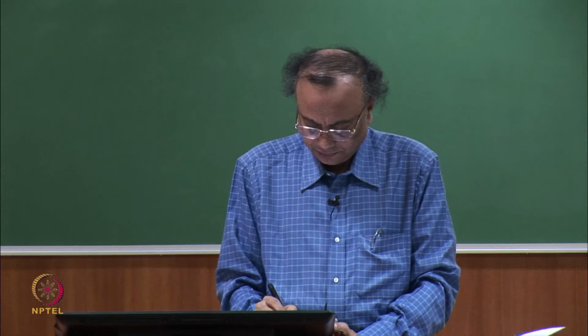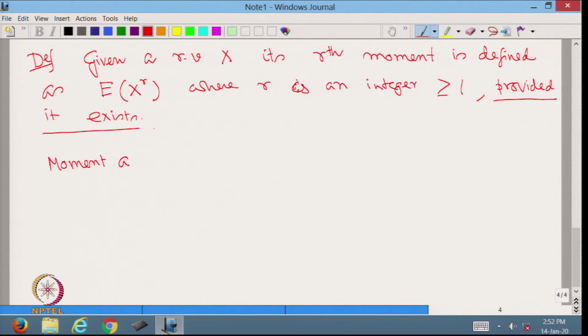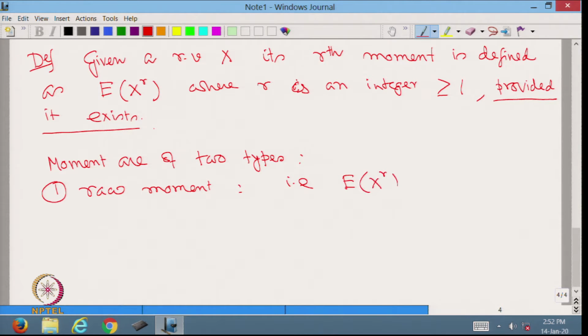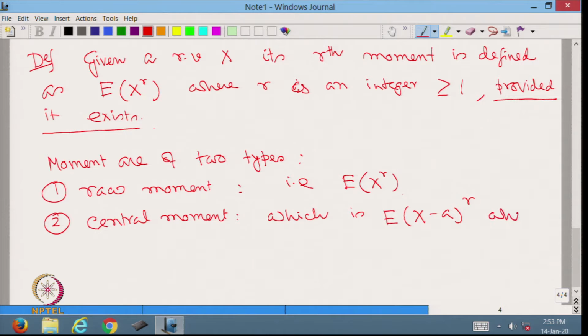Moments are of two types. Raw moment, that is expected value of x to the power r, and the other are central moments, which is expected value of x minus a whole to the power r, where a is a fixed real number.